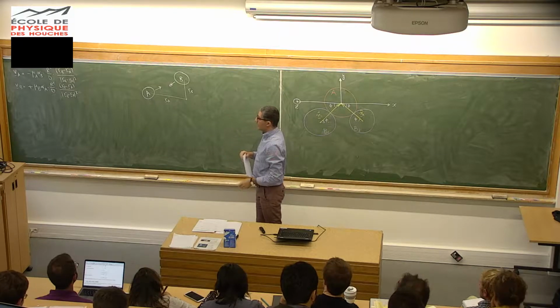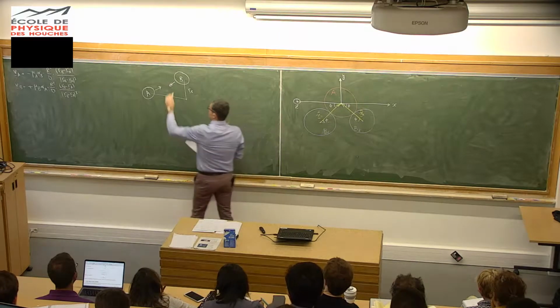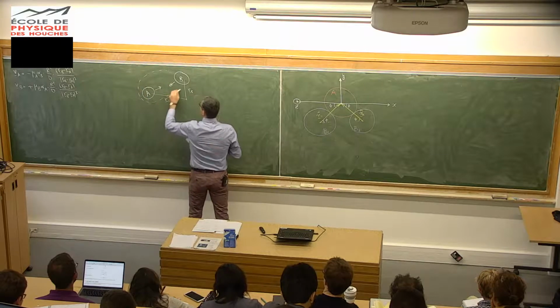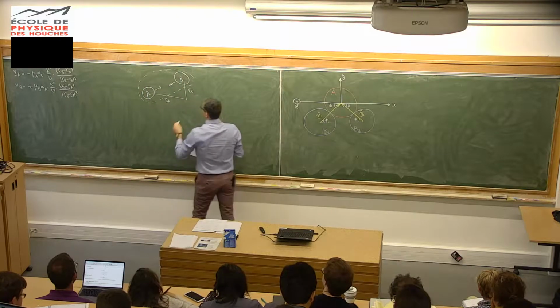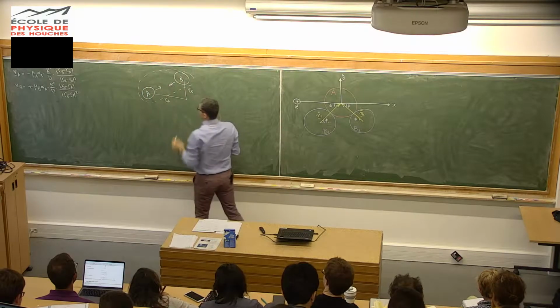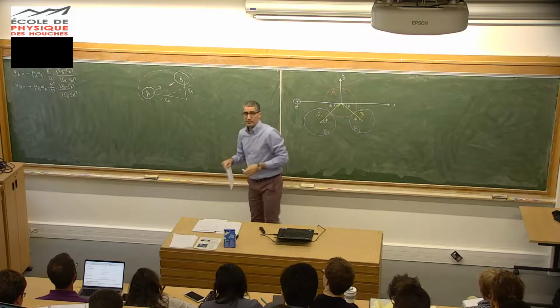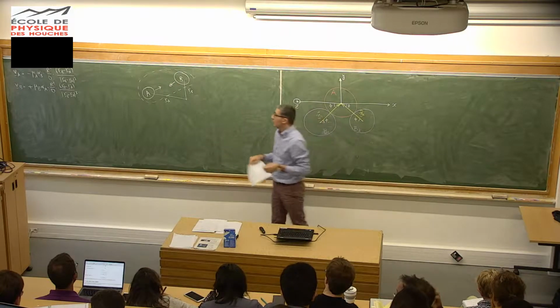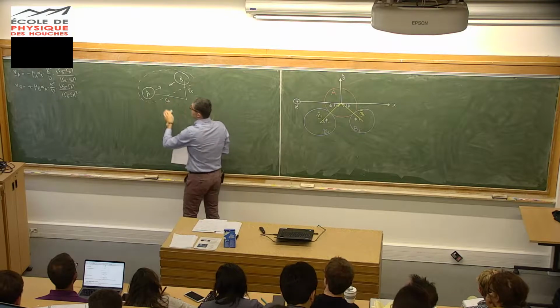And then, to understand what happens to a pair like that, maybe we can go to the relative coordinate system and the center of mass, and then look at the relative velocity and the center of mass velocity.